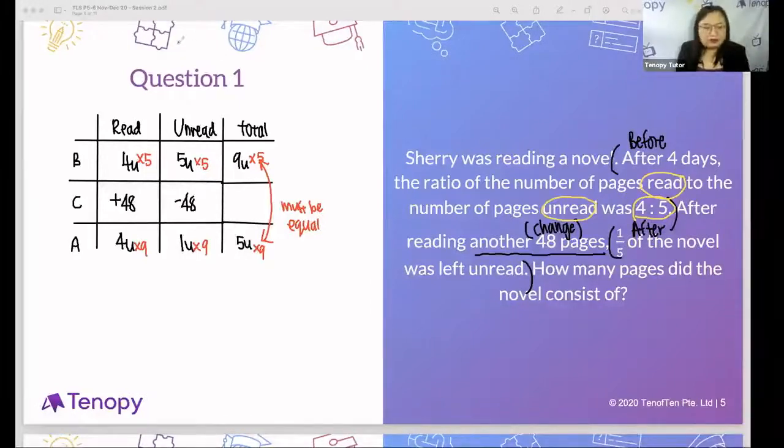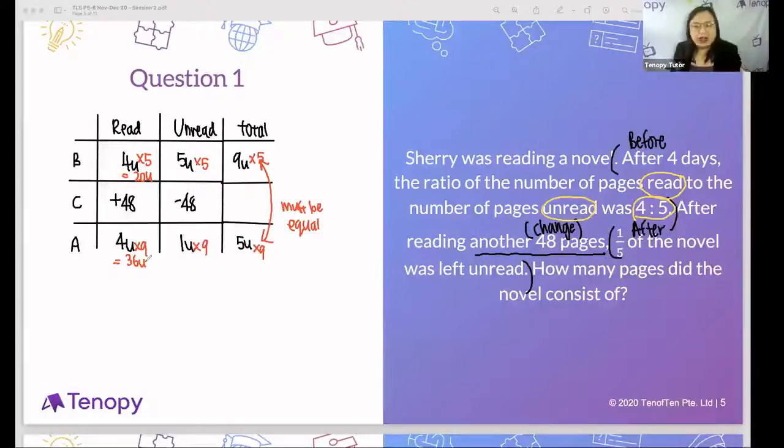So look at the read. 4 times 5, I get 20 units. 4 times 9 is 36 units. So why is there a change from 20 units to become 36 units? What happened? Before, it used to be 20 units, but after, it became 36 units.